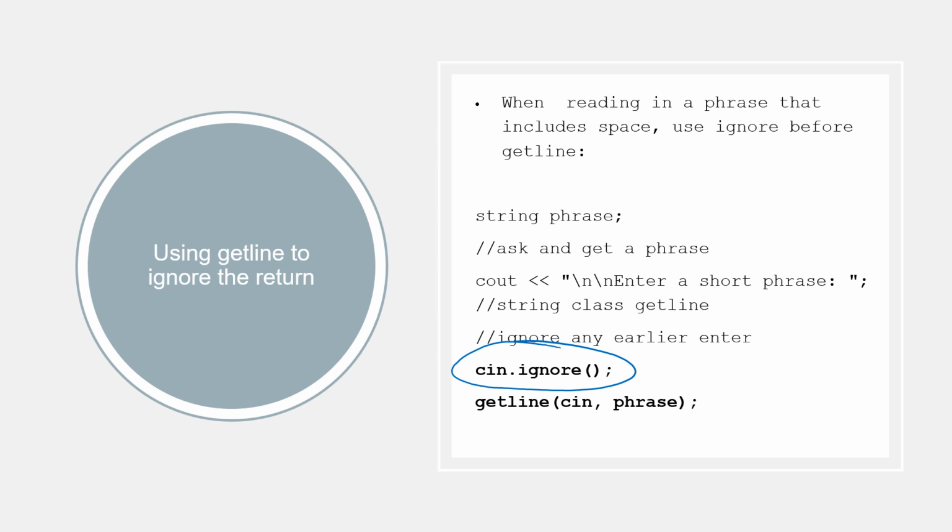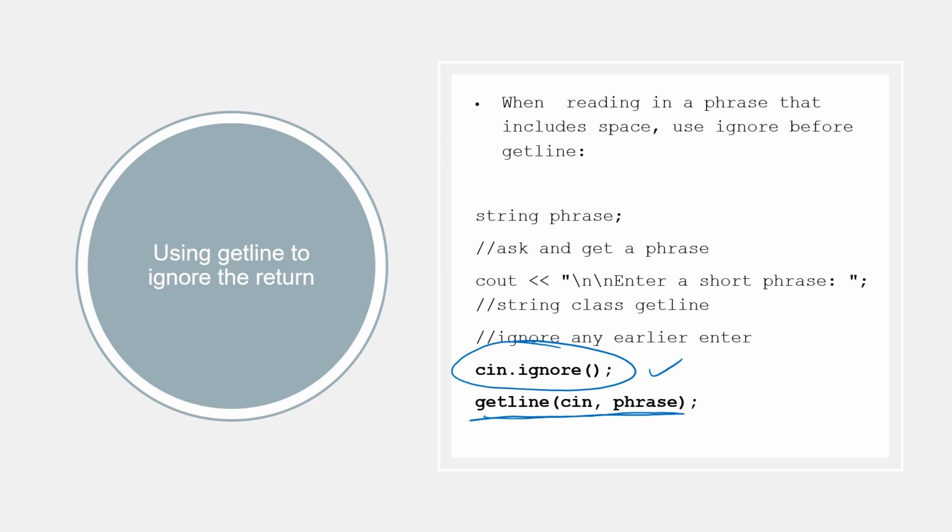So right before you put in your getline, I recommend that you use some kind of an ignore to ignore the previous returns. Otherwise, it's going to read that return, and then you're not going to be able to get your phrase. White space is a little bit challenging to manipulate in C and C++, so that is one quick way to handle that.